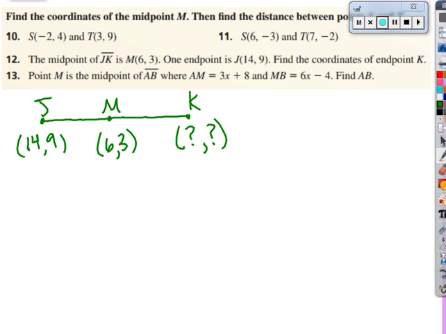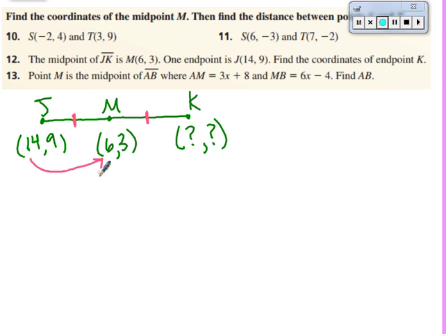So here's how I like to look at this problem. The midpoint means it's in the middle, so the distance between J and M is the same as the distance from K and M. So I'm just going to look at the x's and find out the difference between them, like how much did it change? What is the distance? So if it went from 14 to 6, that's down 8, right?